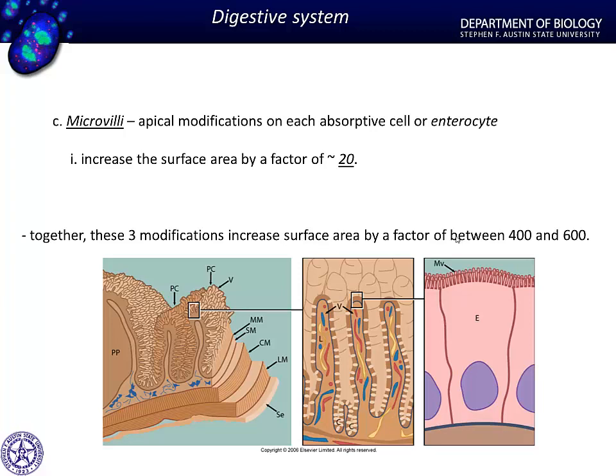So if we take the 20, the 10, the 4, that increase is going to come anywhere between 4 and 600 fold, depending on the extent of these modifications. And again, here we can see the plicae circularis, we see our intestinal villi, and we see the microvilli on the surface.